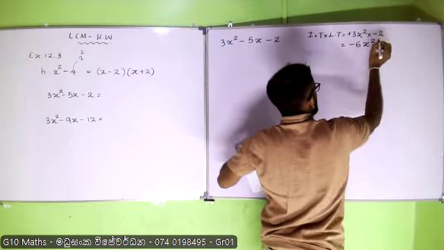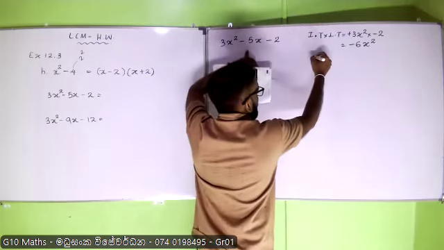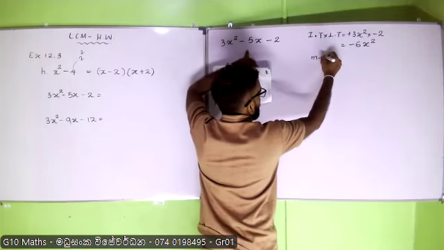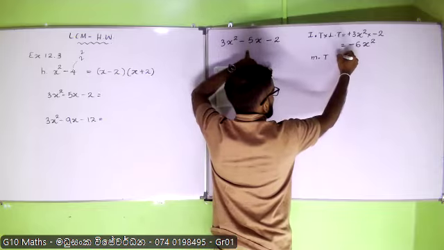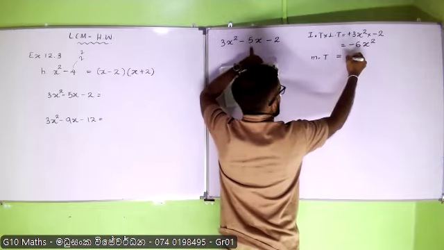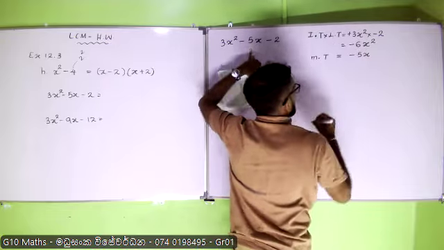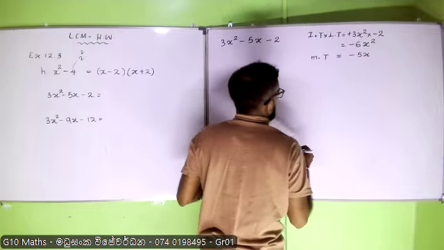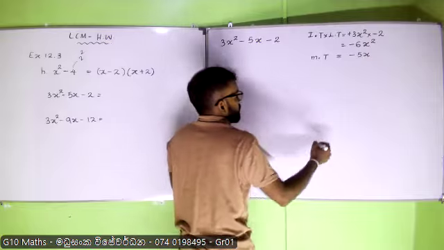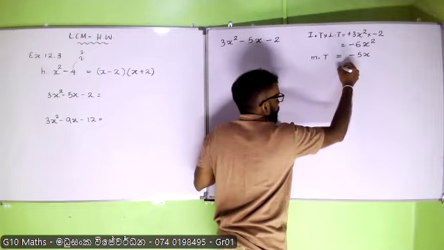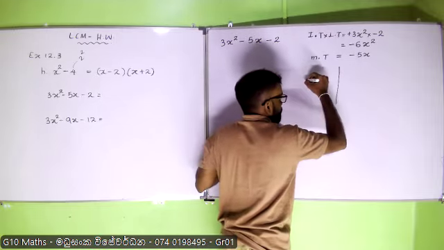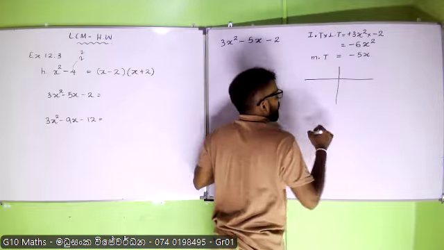Then my middle term, we are going to split into two terms. The middle term is minus 5x. So this is my small table.